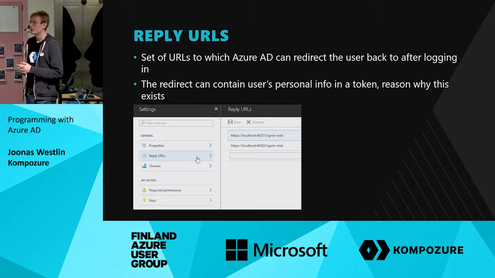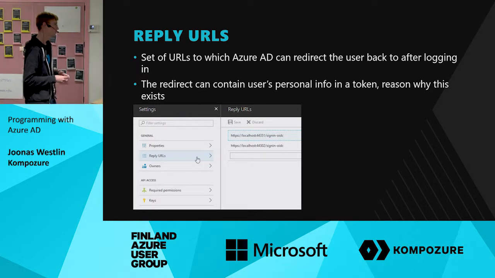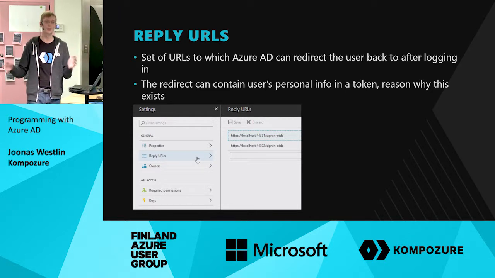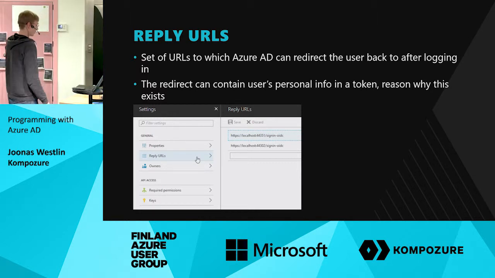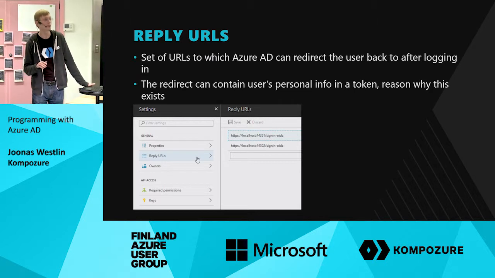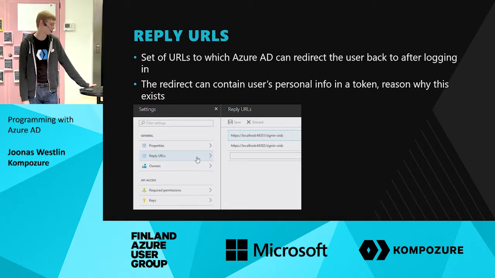Now that URL where they are sent to must be one of these. So if you get some kind of error that says something about a redirect URL, it's probably a problem with these. And the reason why this exists is because the redirect can contain users' personal information in a token, so you don't want those things to go to evil.com.